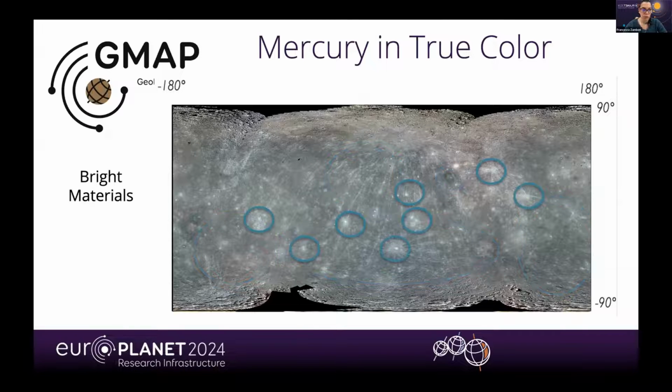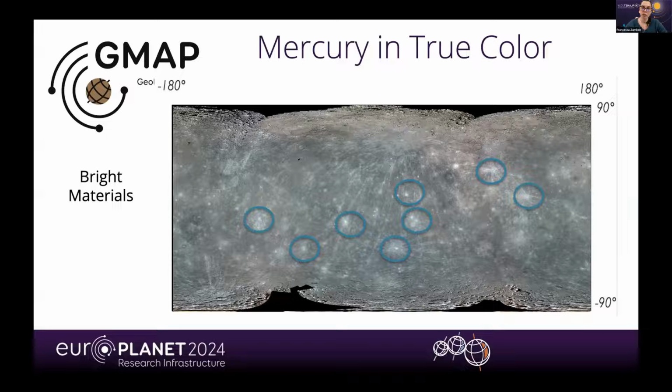You have also bright material. So looking at this image, you have variegated colors on Mercury, but these colors are not just colors. They indicate something. They indicate that for these different color combinations, you can also have spectral variation.